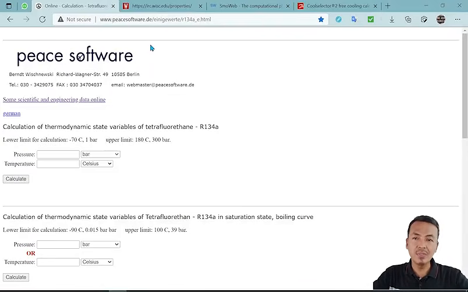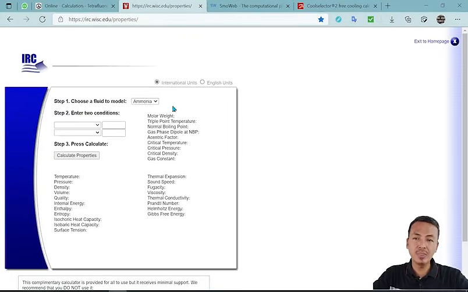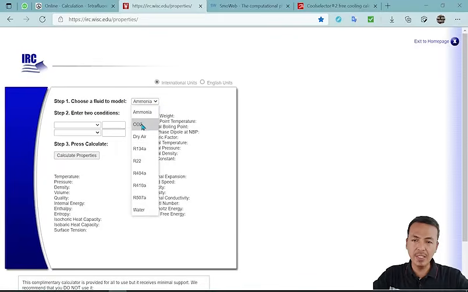Some of the online calculators you can see here. You can use this link. I think this is a good one. This is also one I've used many times to get the data. This website provides several free data.